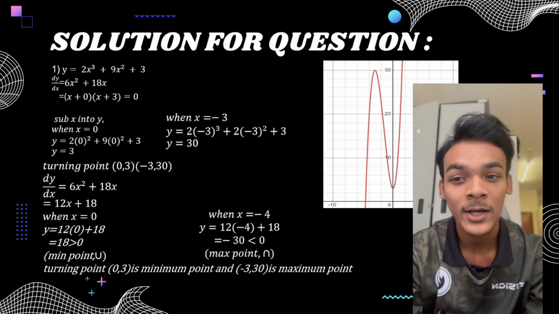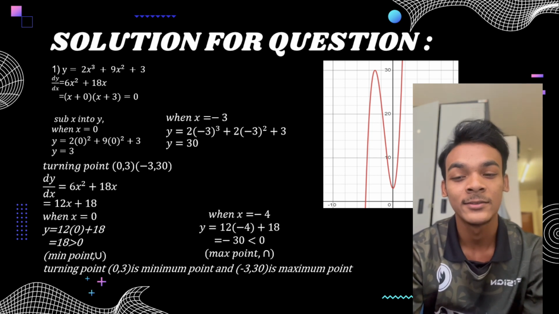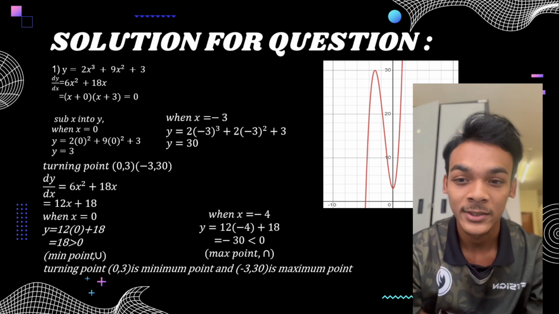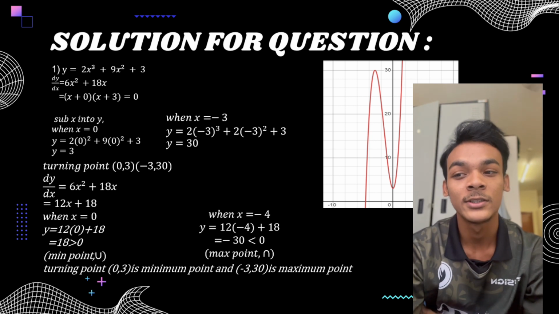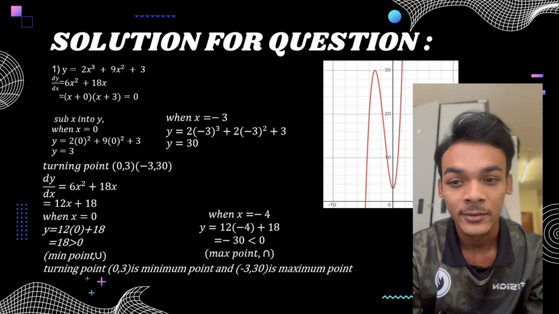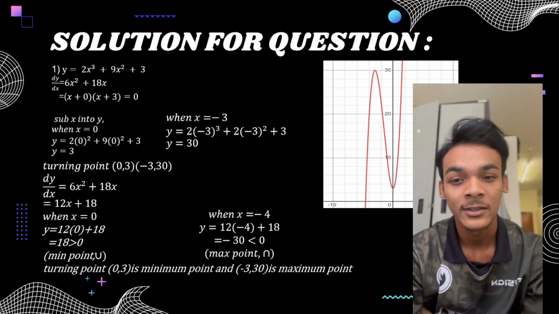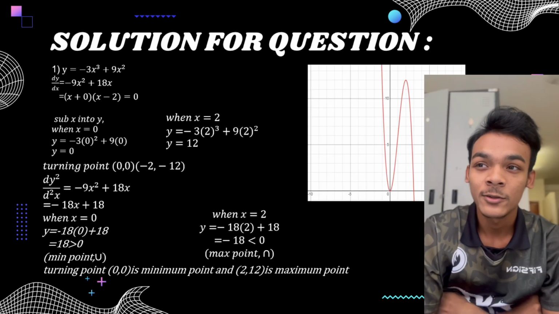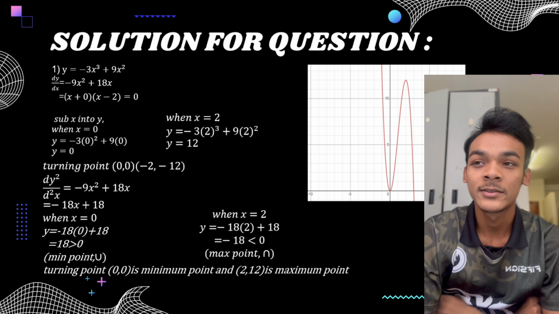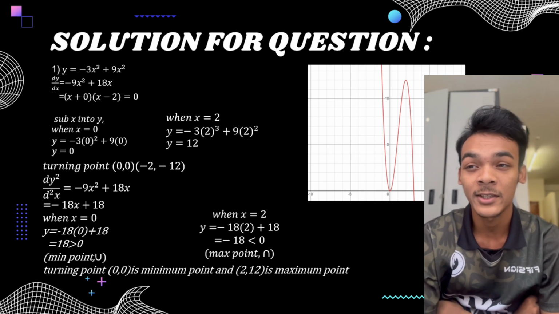And when it is -13, which is less than 0, it is a maximum point. So the turning point (0, 3) is a minimum point, and the second one, (-3, 13), is a maximum point.